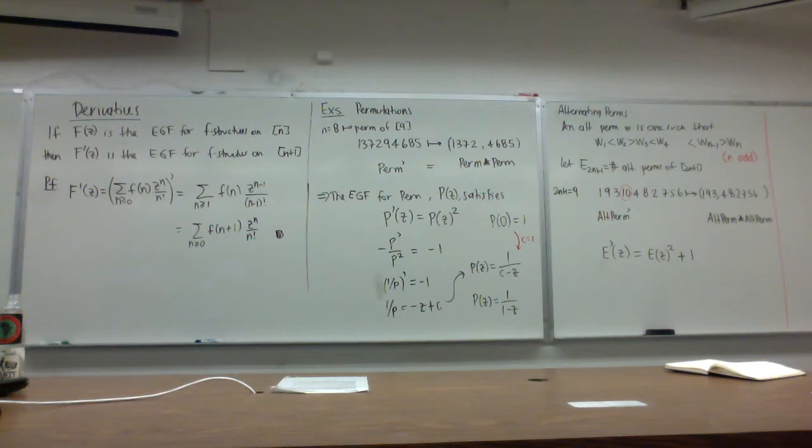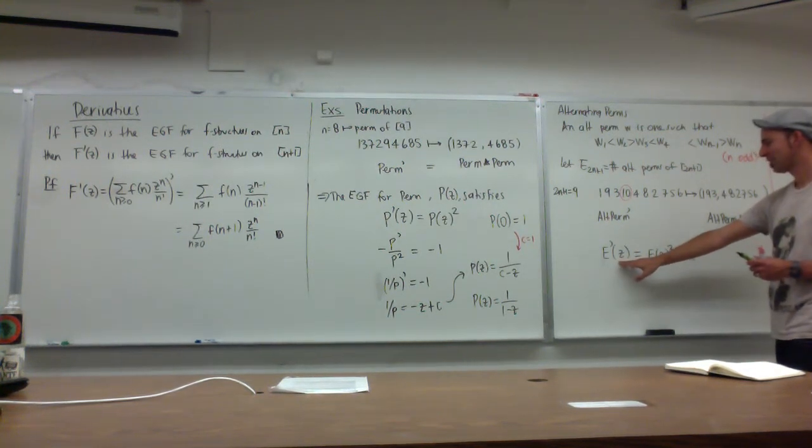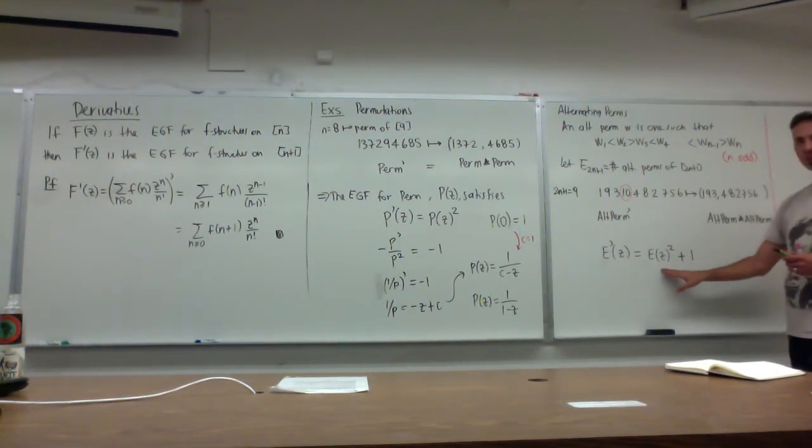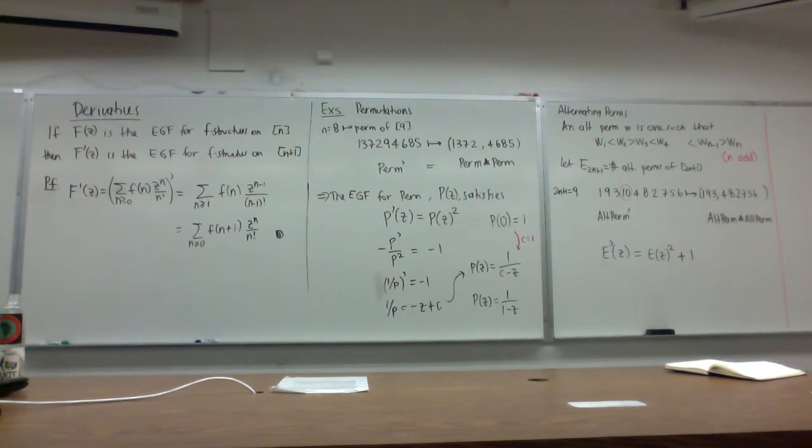You can see that when you take the derivative, you're going to get a constant of 1 here, but you don't get it on this side. You're off by 1. And the initial value, again, is the number of alternating permutations of size 0, which is 0.